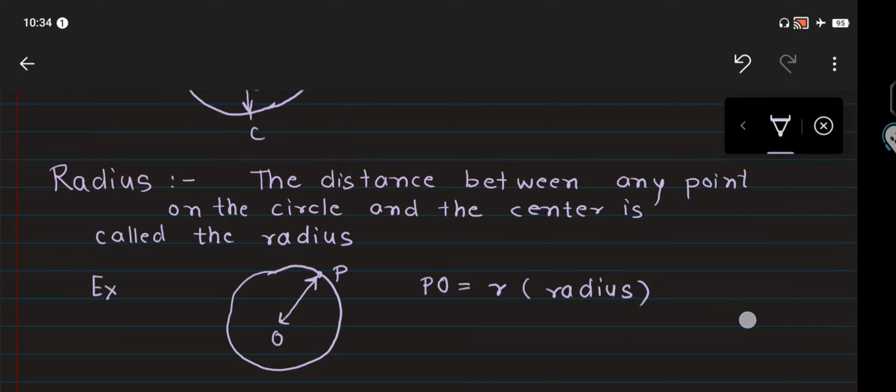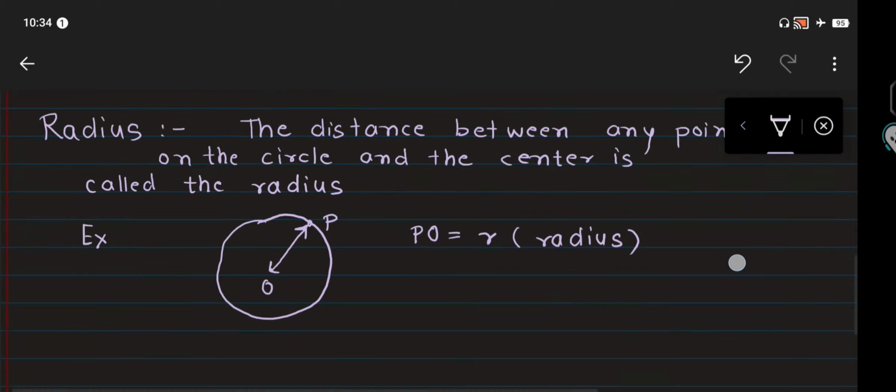Now the next term is circumference. Circumference is generally represented by capital letter C. So what is a circumference?